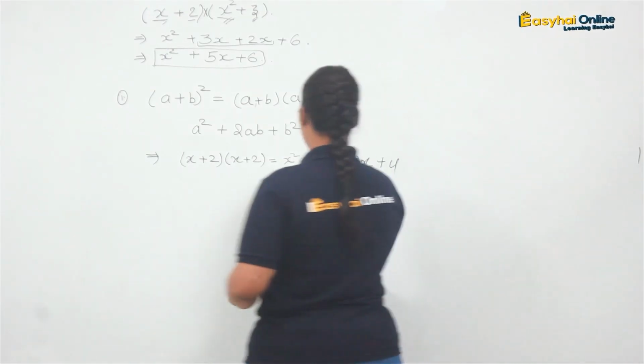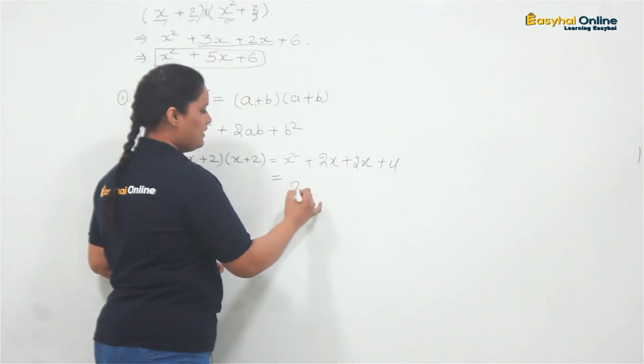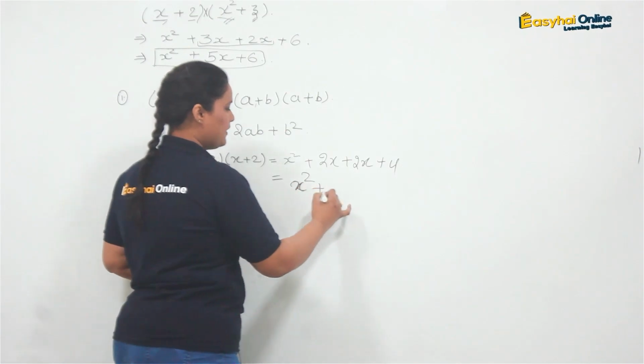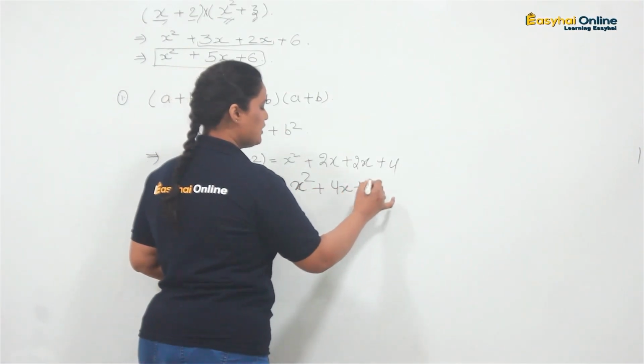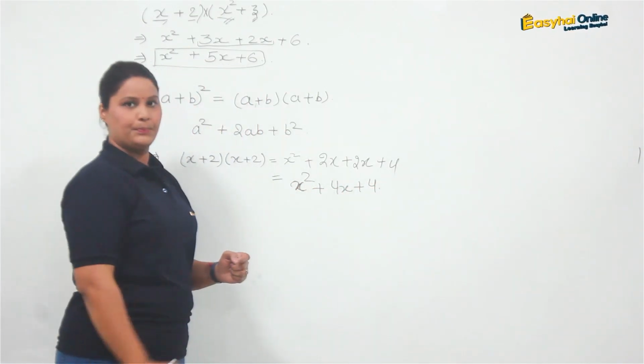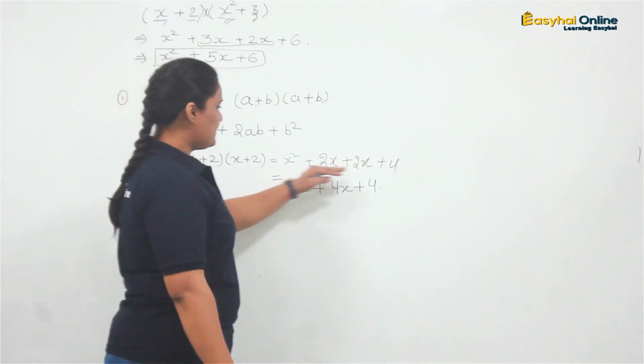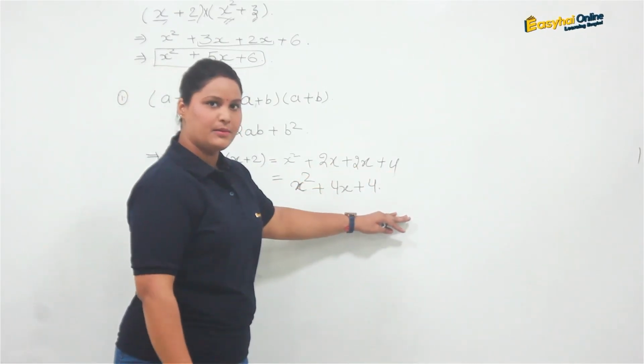Now we can say it will be x square plus 4x plus 4. This is the basic approach of multiplication.